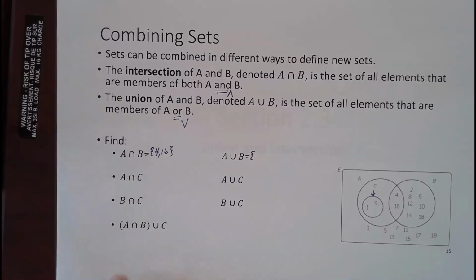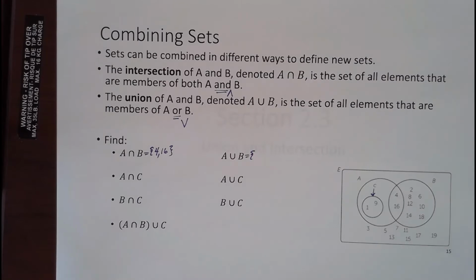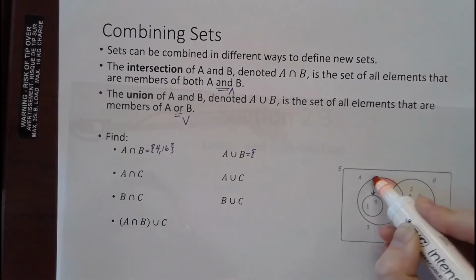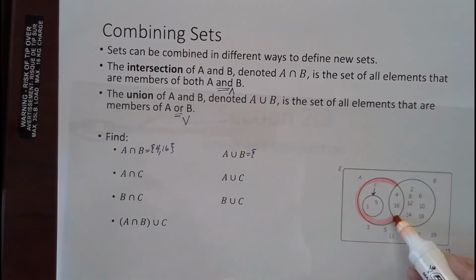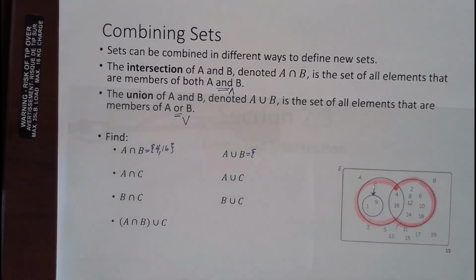So what are some things that are in A or B or both? I brought this because I thought this might help. Here's A, here's B, so if you just put them both together like that, that's the stuff that's in A or B or both.